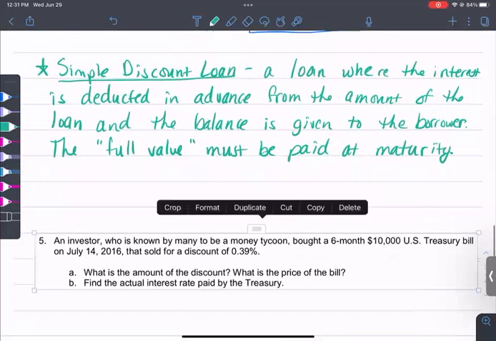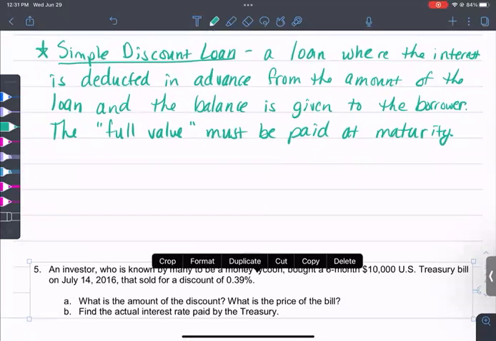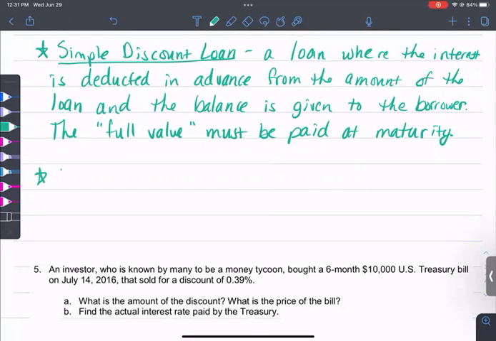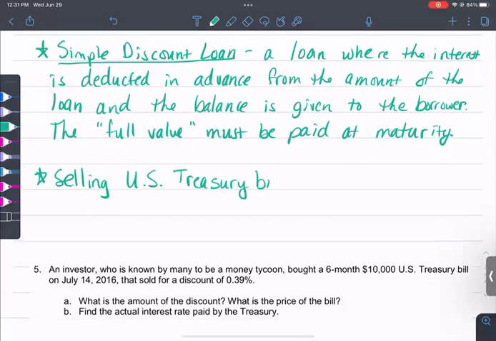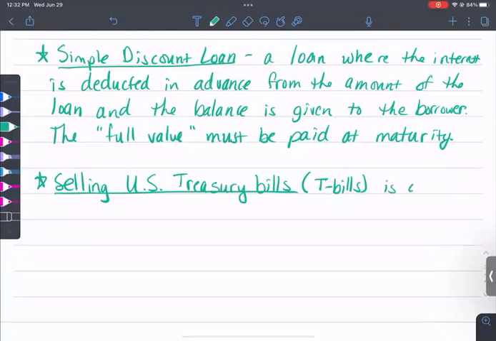Okay. And then we'll talk about as well selling US Treasury bills, which are also known as T-bills. This is one way the US government makes money.